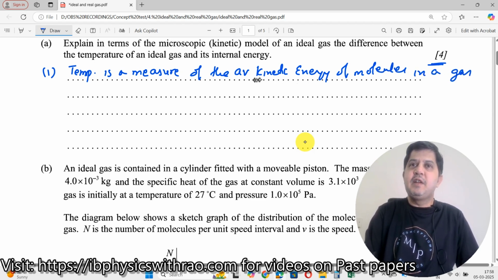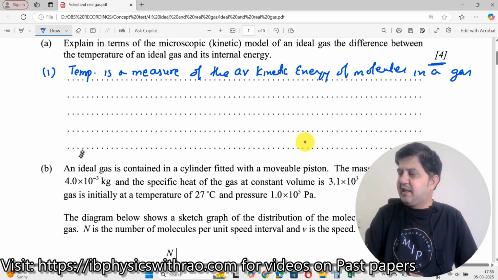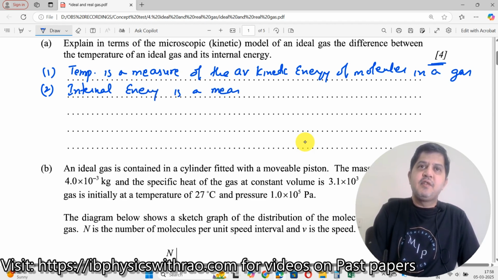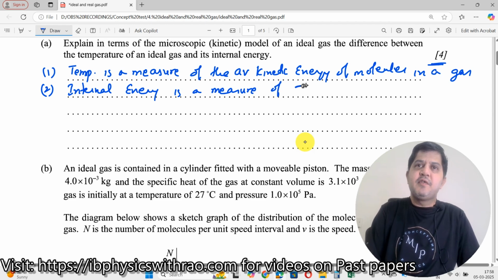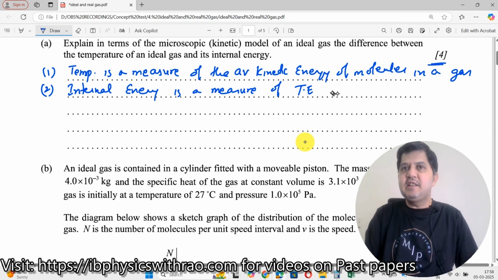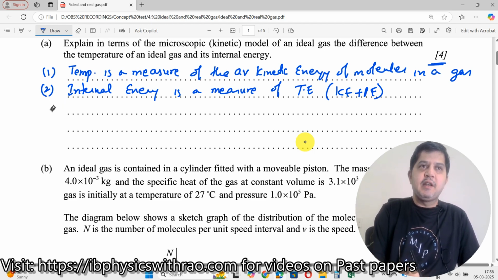It only takes the average kinetic energy of the molecules in a gas. While what is the internal energy? Second point, internal energy is a measure of the total energy, which comprises the kinetic energy plus the potential energy.